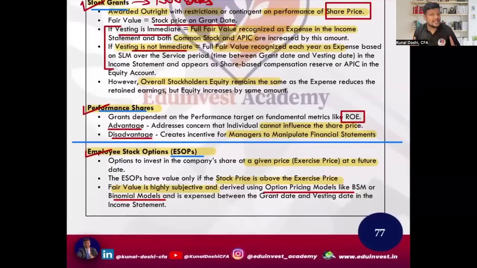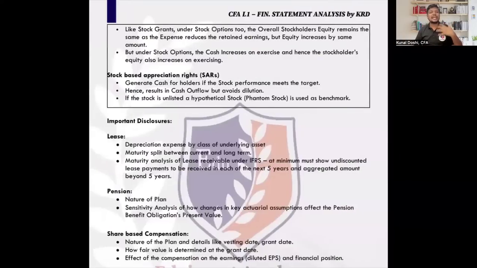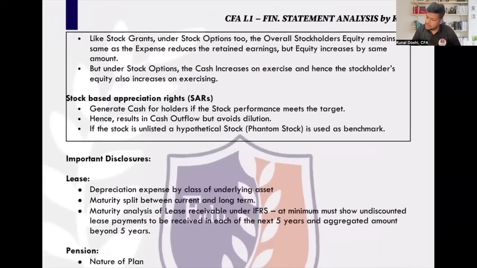Now, in the first two cases, the company doesn't have any cash outflow or inflow. In ESOPs, if the options are exercised, the company does receive a cash inflow. Very important. But is the stockholders' equity affected? Like stock grants, in stock options also the expense reduces the retained earnings, so retained earnings go down.